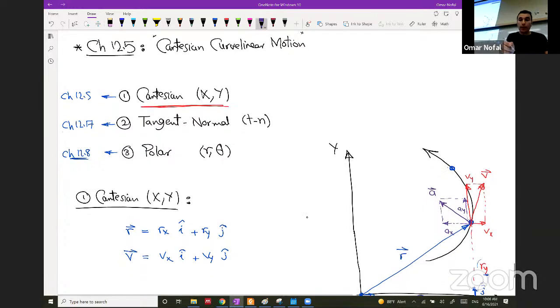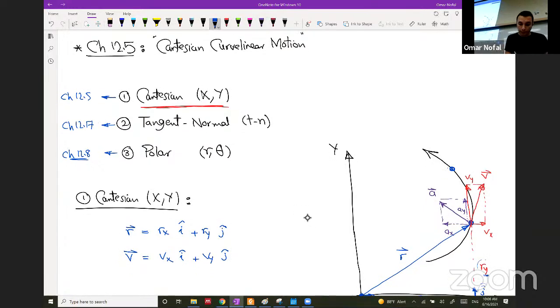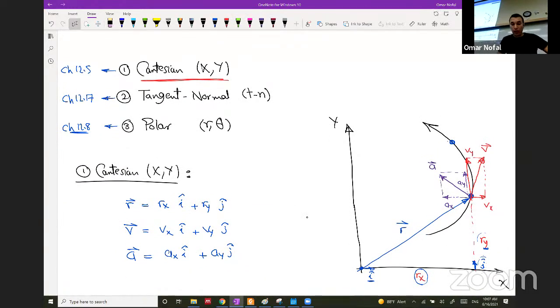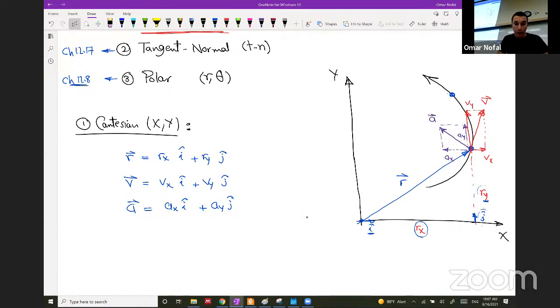So we can write the acceleration as ax in the direction of I plus ay in the direction of J. So this is how we write the components of the position, velocity, and acceleration in the x and y directions. And these are the Cartesian components of these kinematic quantities: position, velocity, and acceleration.